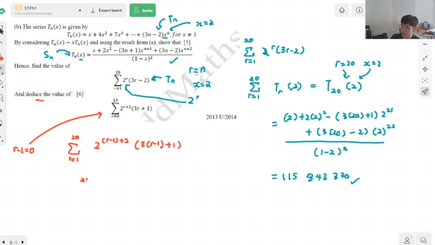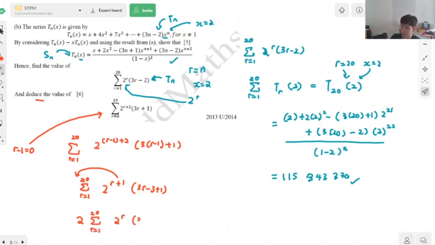So at the end of the result, 2 to the r minus 1, 2r minus 1, right? So it becomes plus 1. This 3r minus 3 plus 1. So this is 2r plus 1. So plus 1, I take out, I put in front. I will get 2 times the sum from r equal to 1 to 20 of 2 to the power r.